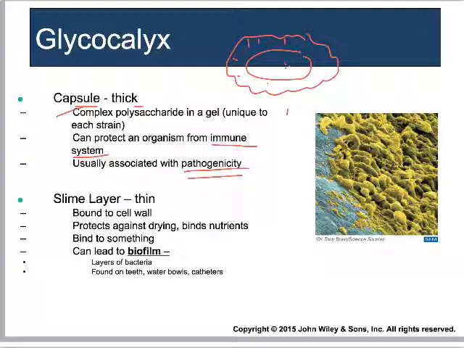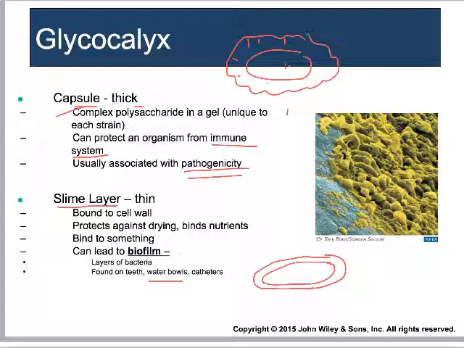Okay, another way that they refer to this is a slime layer. A slime layer is a thinner glycocalyx, and it's usually bound to the cell wall. It helps protect the cell against drying, and sometimes it'll bind nutrients, so it gives a little bit of an advantage. It can stick to things too, like a catheter. I always think of your dog's water bowl.